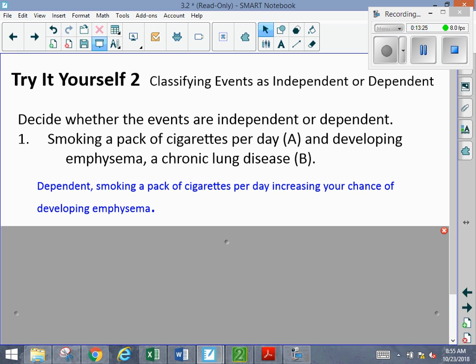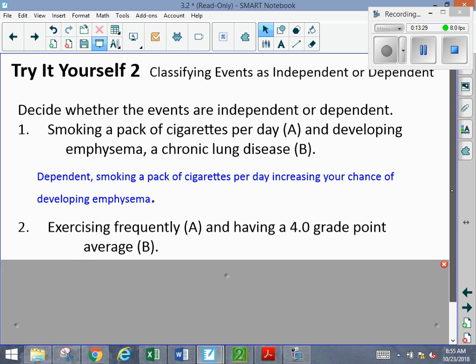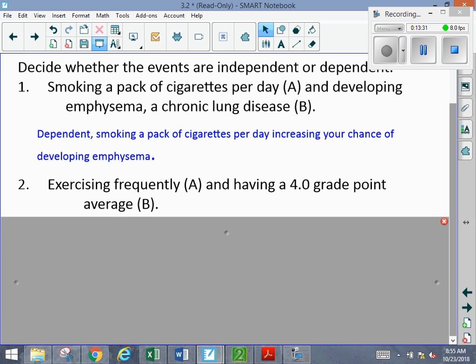All right. Let's look at another one. Exercising frequently and having a 4.0 grade point average. While the two might be related, if you were to make a scatter plot of people's exercise time versus GPA, you might find some sort of relationship there.